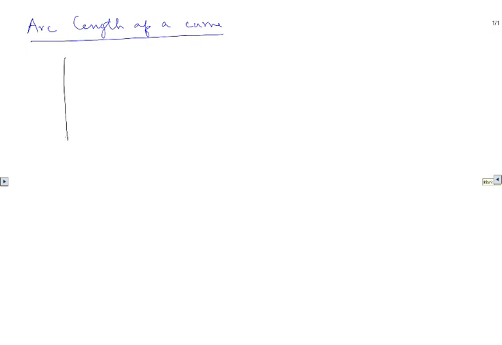So this is your graph. You can start at a point, so let's say you start at the point A and end at the point B. We normally call this x0 and this xn. What we normally do is divide this into sub-intervals.